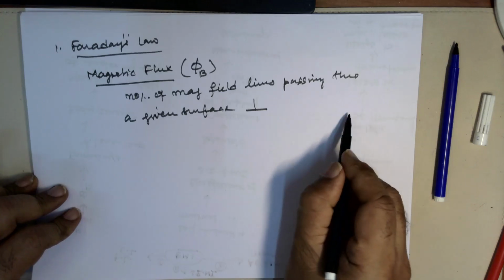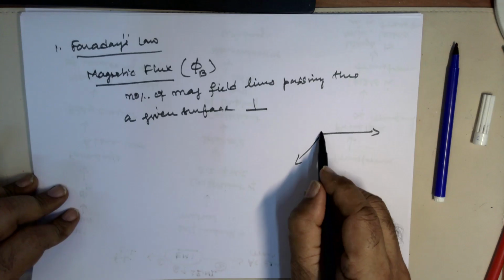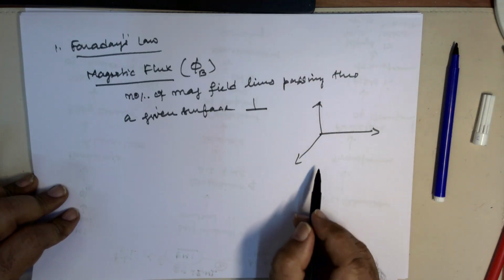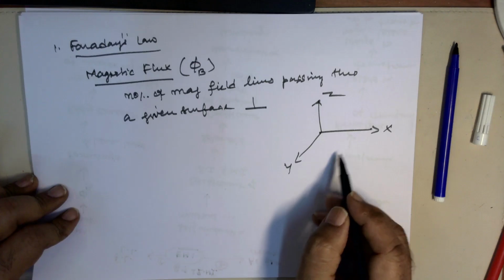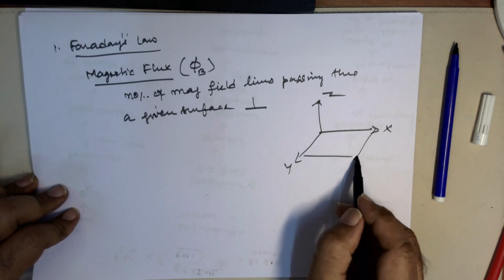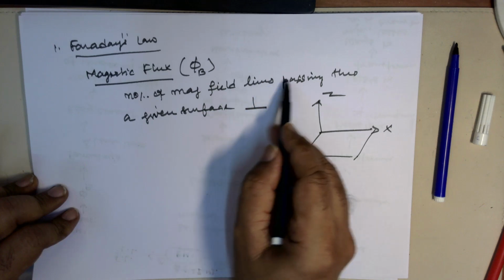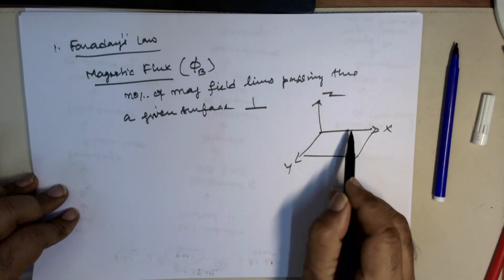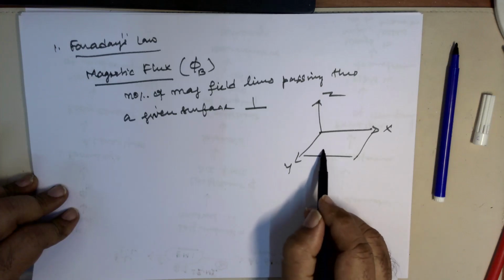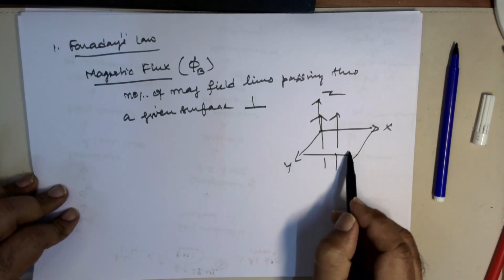Let me consider this is the x-axis, y-axis, z-axis. Let me consider this xy plane. So the number of magnetic field lines passing through the given surface means, assuming that xy is the plane, how many lines are passing? Are you able to follow?